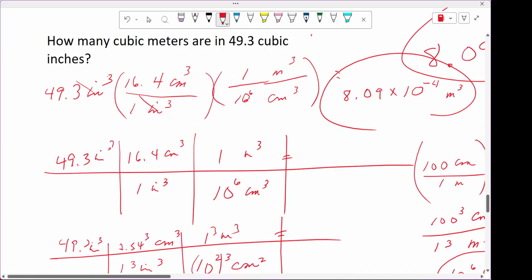How do I get the 8 to the -4? Well, you're dividing by 1,000,000. 10 to the 6 is 1,000,000. So this top number, you're looking at maybe 80.9 divided by 1,000,000. That's how you get the -4.